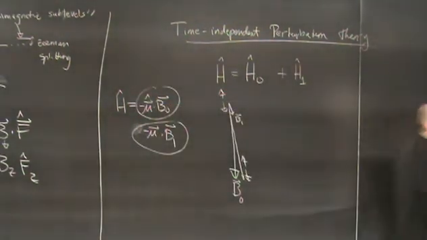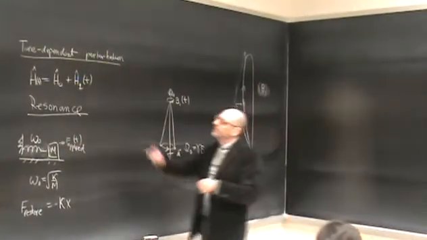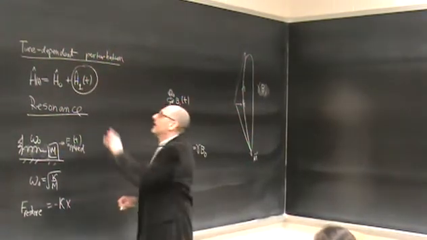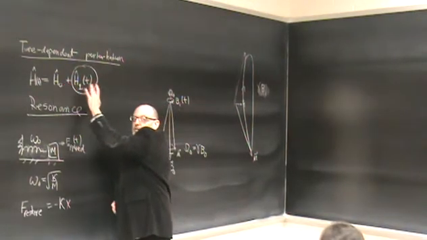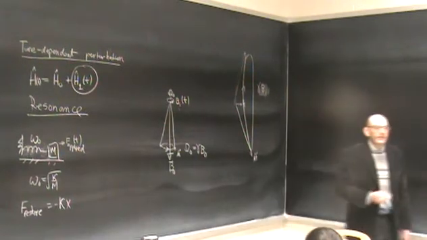But we want to look at this now in a little bit more general context, and in particular in situations where the applied Hamiltonian can be considered as a perturbation compared to the zeroth order. Okay?